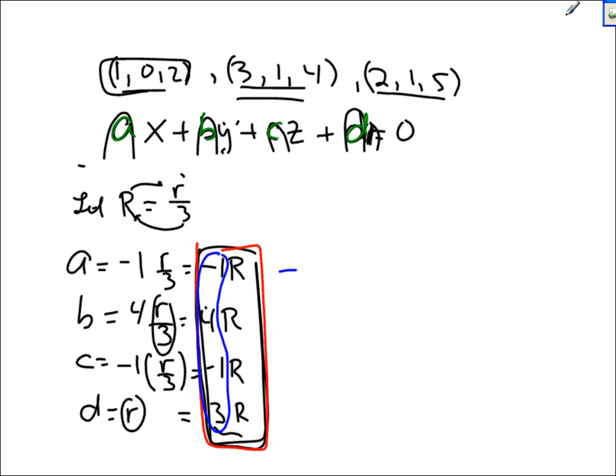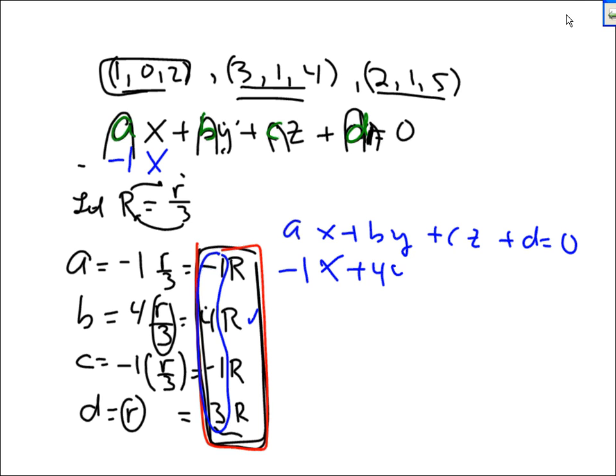That is, a is negative 1. Negative 1 times x. And remember, ax plus by plus cz plus d is 0. You already have a. B is 4 plus 4y. C is negative 1z. And d is 3 plus 3 equals 0.